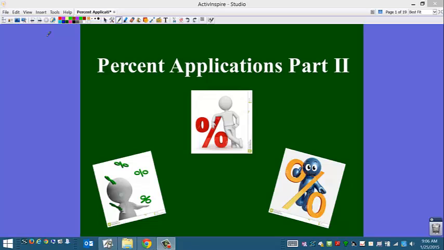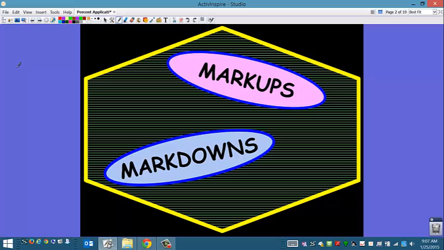Hello. We're going to continue with our percent applications, part 2, looking at some other ways that percents are used. We've talked about markups and markdowns, where markups are when a retailer buys items from a vendor or supplier at a cost and marks up the price, increasing it to sell to us, the consumers.